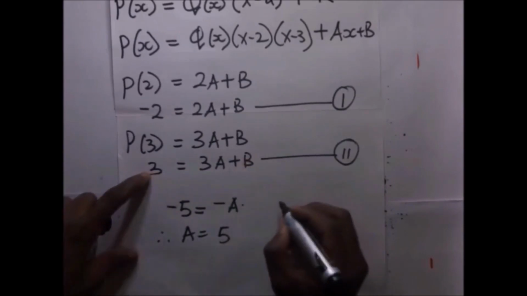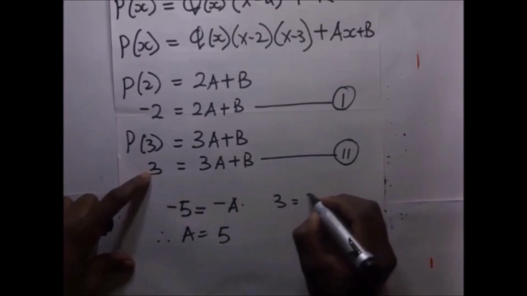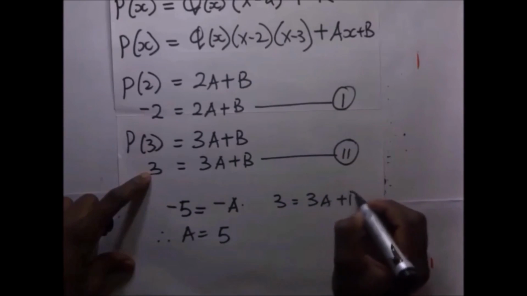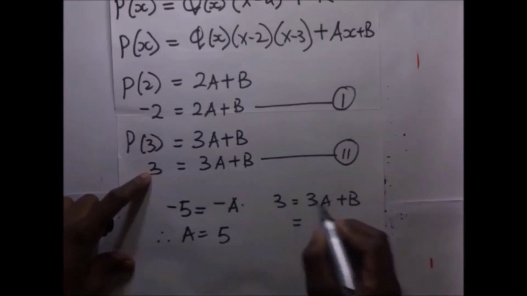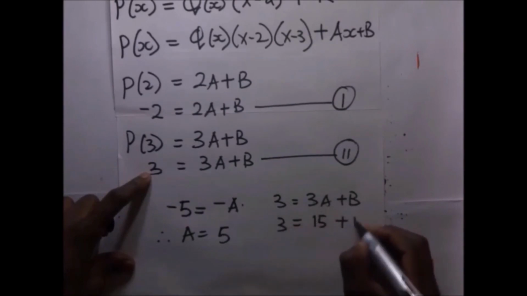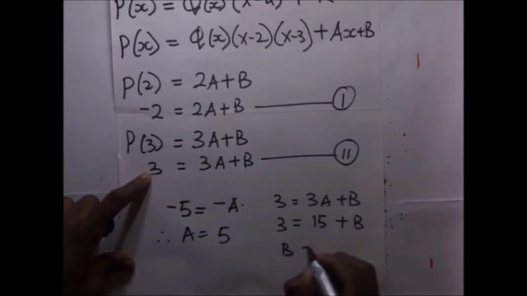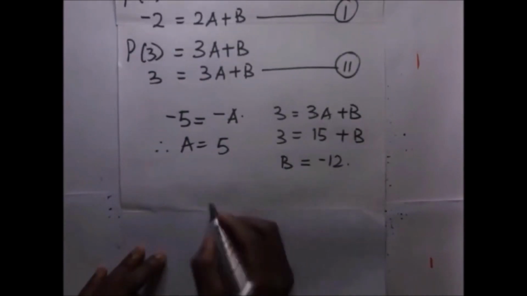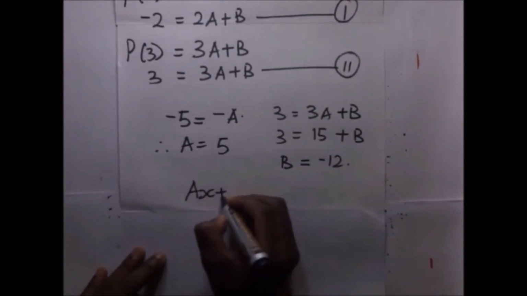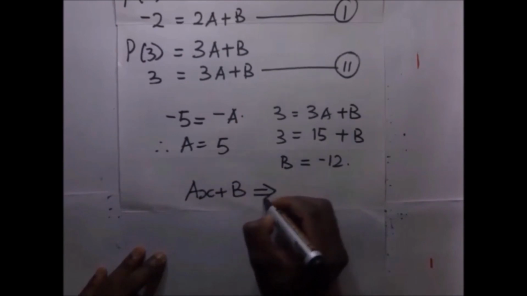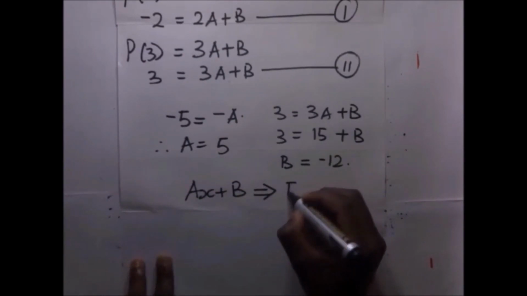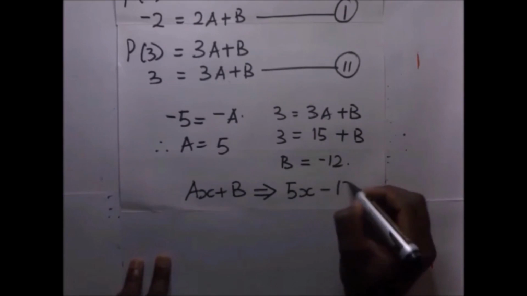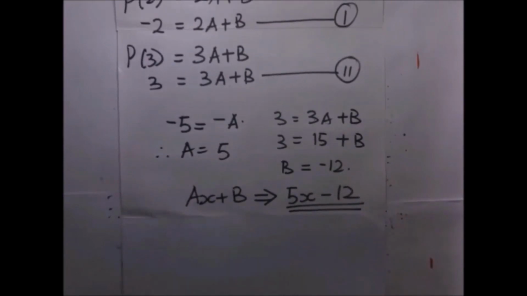When you put 5 there, 3 equals 3a plus b, and 3 times 5 is 15, so our value of b will be -12. Substituting all this in our ax plus b, the remainder is 5x minus 12, and that's the remainder.